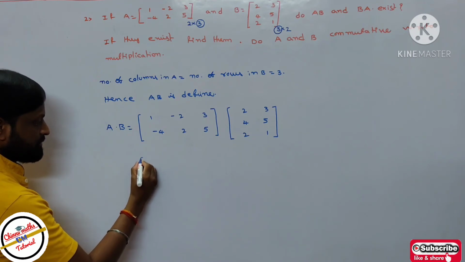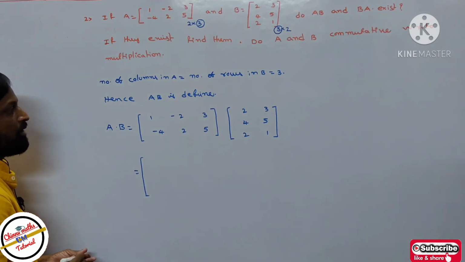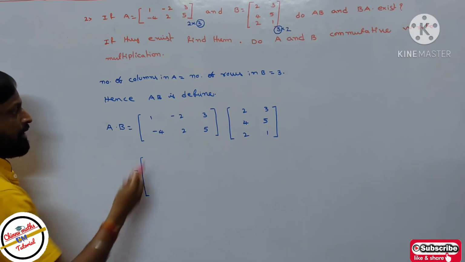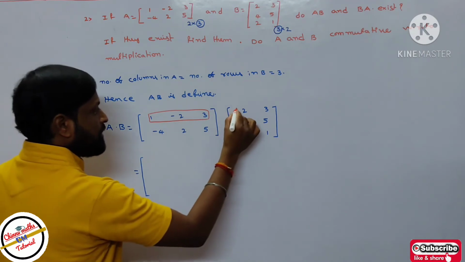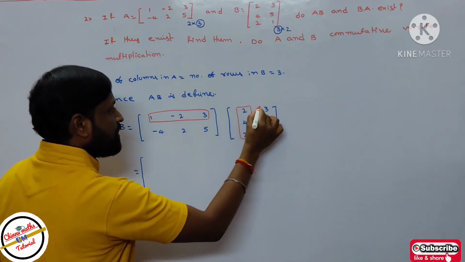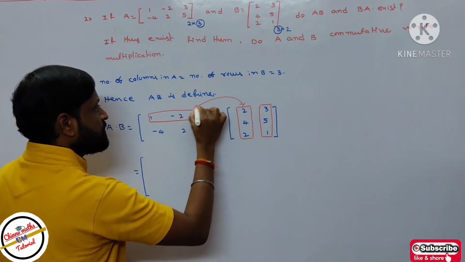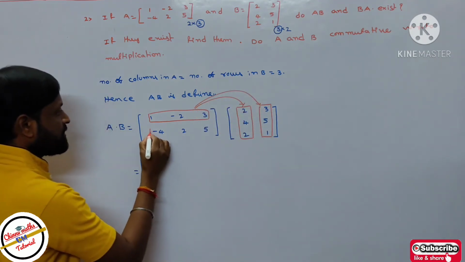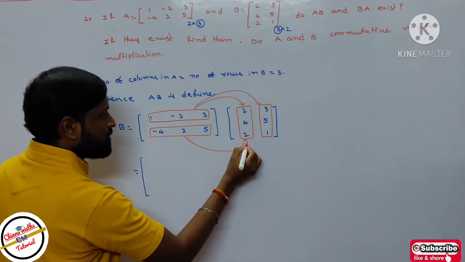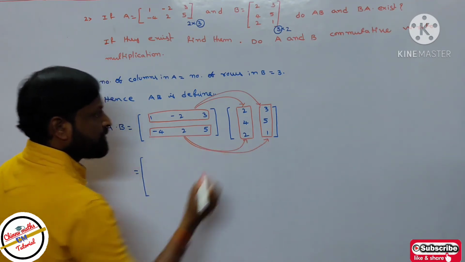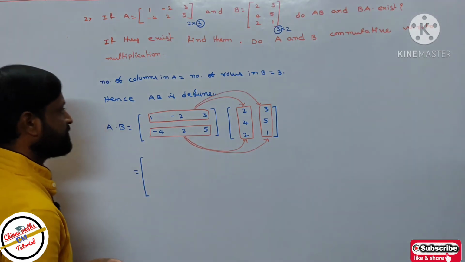See here, how you find the product of A into B: take the first row and multiply with all columns of the second matrix, first this one, after that this one. Next, the second row multiplied with all columns of the second matrix. Don't write this in the annual examination, it is just for your understanding.